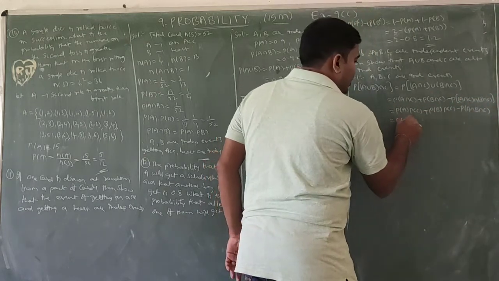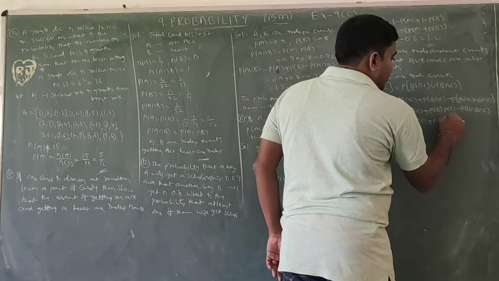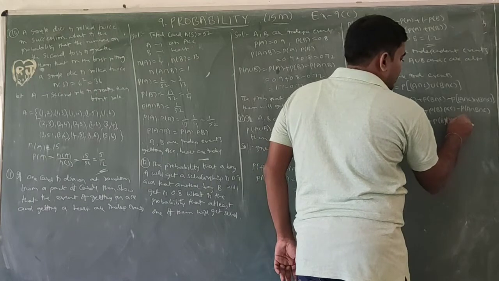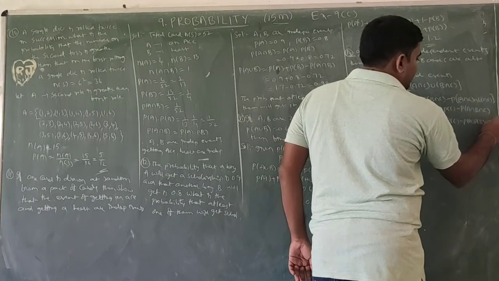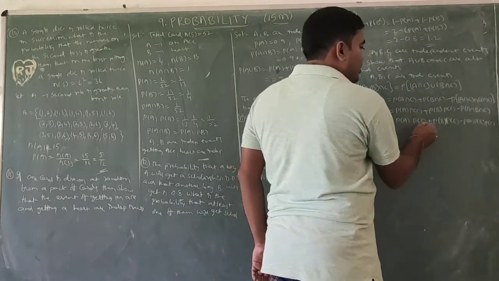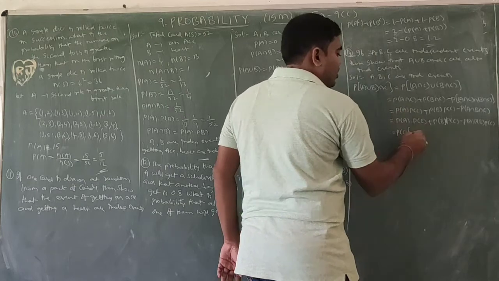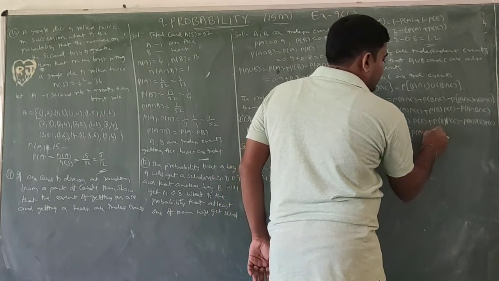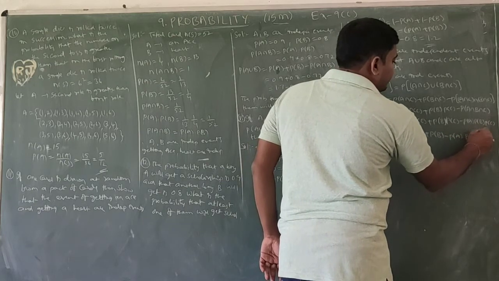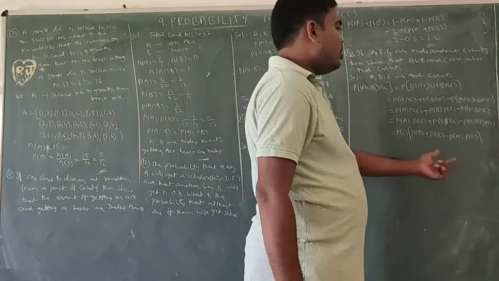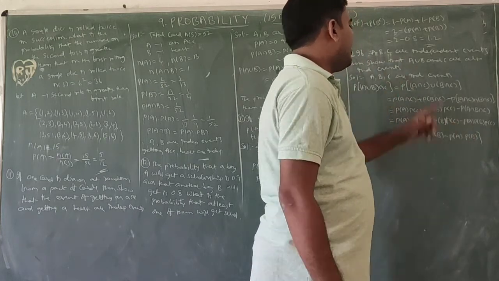So P of A, P of C plus P of B, P of C minus P of A, P of B, P of C. Okay, what is common? P of C is common. If we take P of C, P of A plus P of B minus P of A into P of B. So P of A into P of B equal to P of A intersection B, since these are independent.